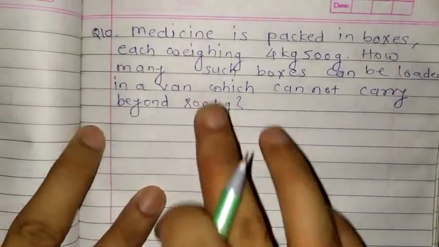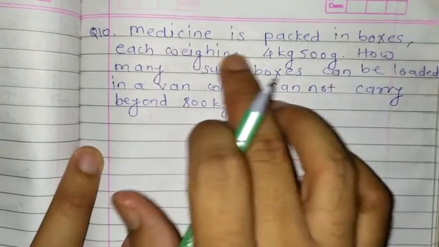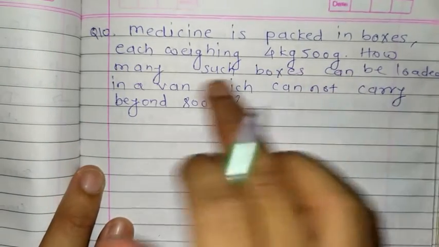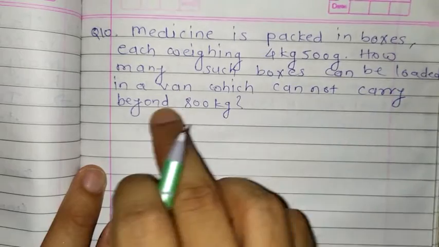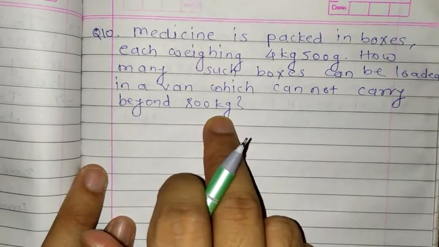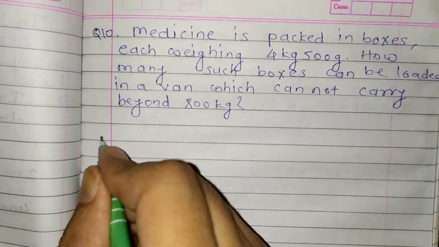Medicine is packed in boxes. Each weighs 4 kg 500 gram. How many such boxes can be loaded in a van where the van can carry up to 800 kg?